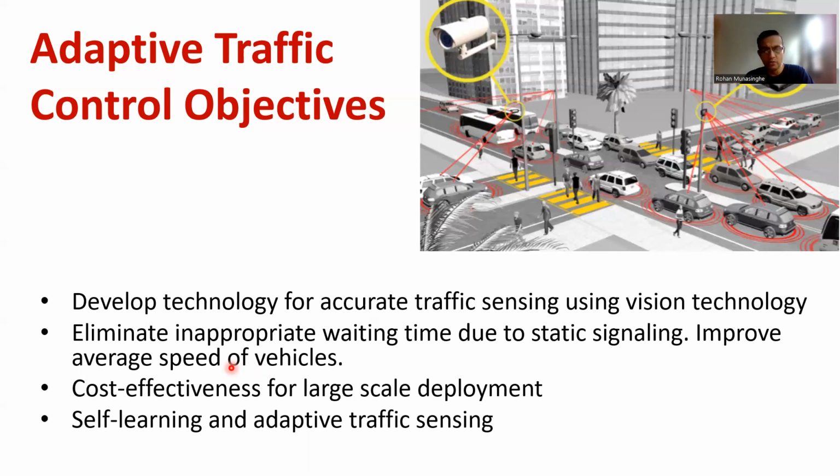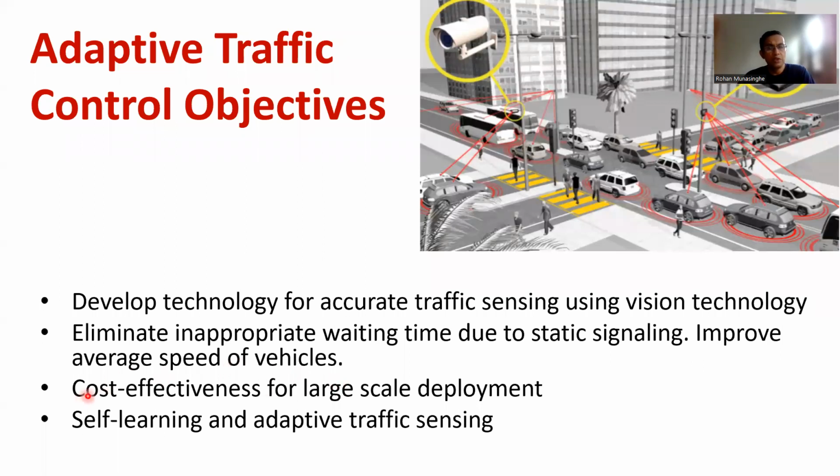First of all, you reduce the delay and waiting time, which will naturally help increase the average speed of the vehicles. It's good for the vehicles also. You reduce fuel wastage and all the associated problems like environmental pollution and air pollution. So this has multiple positive effects, if we can do something in this area.